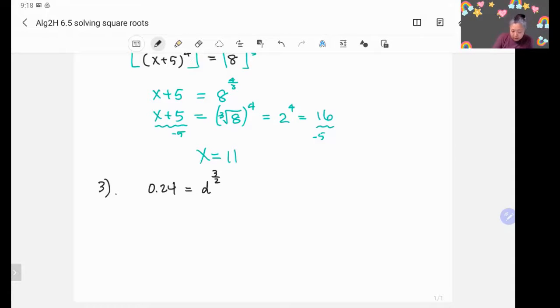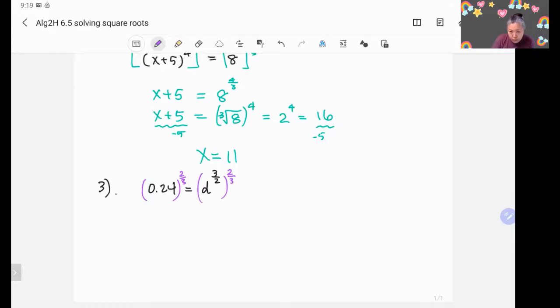Then we're supposed to get the value for d, right? In this case, we have to raise both sides to the power of 2/3, right? Then use your calculator.